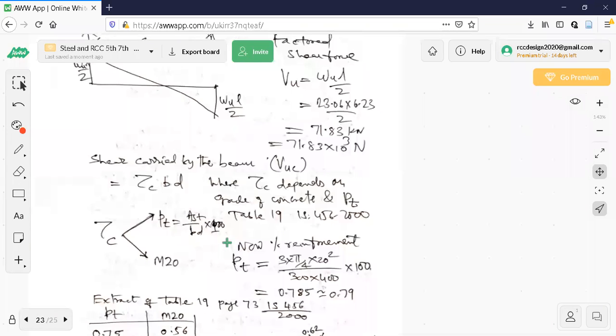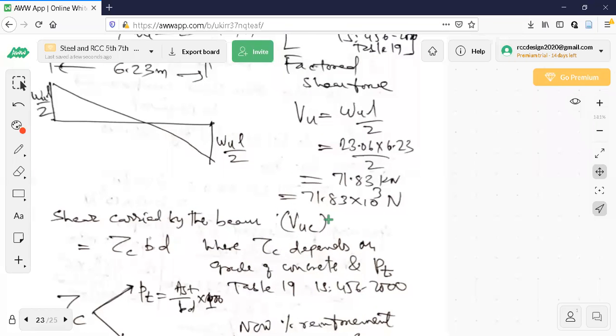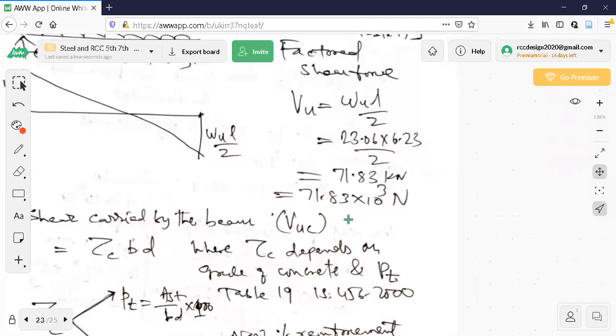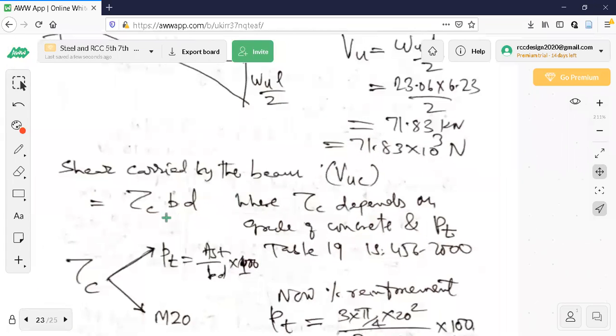In shear, first I have calculated WL by 2 because it is a simply supported beam with UDL. So actual shear force to be resisted is 71.83. Now I checked whether the beam itself is able to resist or not. I checked whether the beam itself can take this much shear force or not.